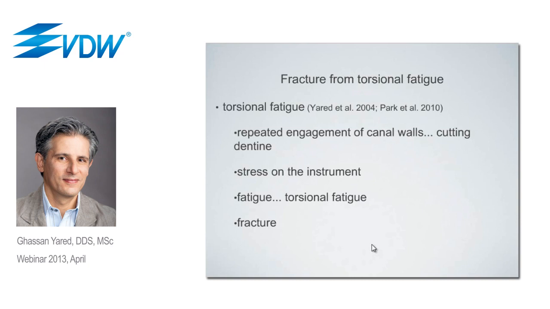It will engage dentine and cut dentine. When it does that, it is being subjected to stresses. The repeated stresses in rotation while cutting and engaging the canal walls can cause metal fatigue, which ultimately can cause the instrument to fracture. This is what we call fracture from torsional fatigue.